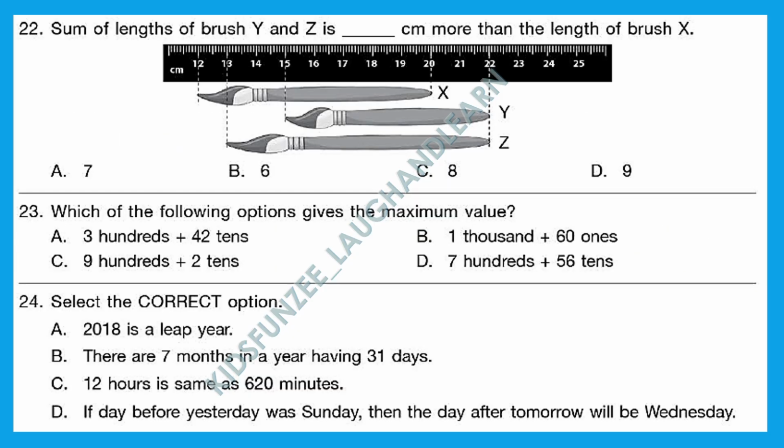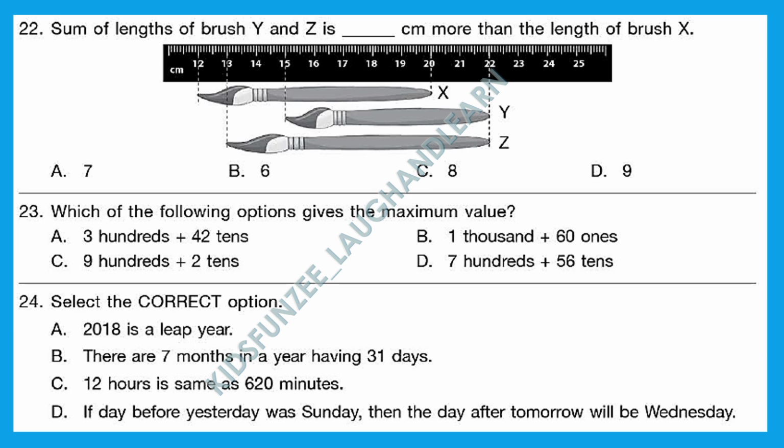Question 22. The sum of lengths of brush Y and Z is dash centimeters more than the length of brush X. Let's find the lengths of Z, Y and X first and then we will calculate the final question. So for Z it is from 13 to 22. That means 22 minus 13. What does it give?